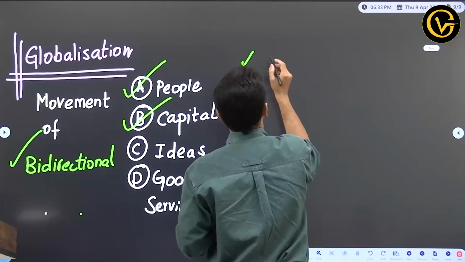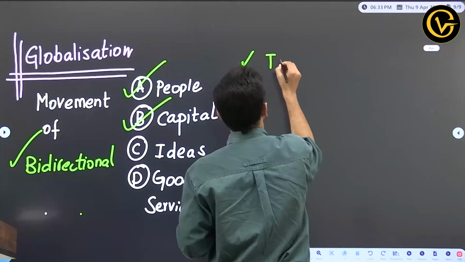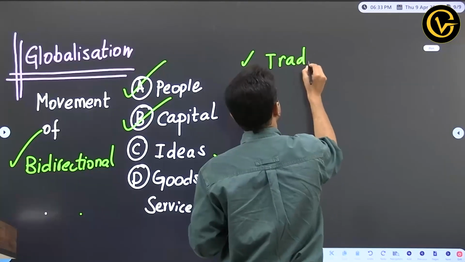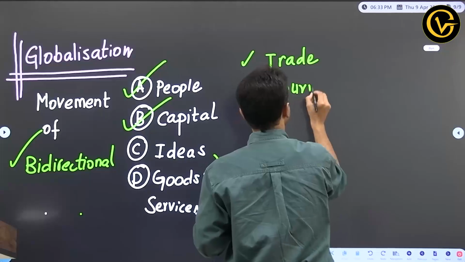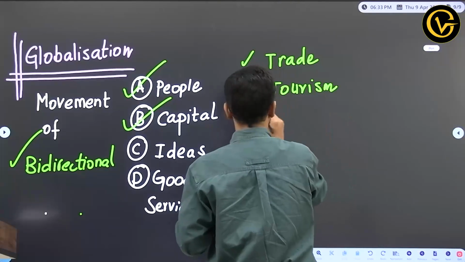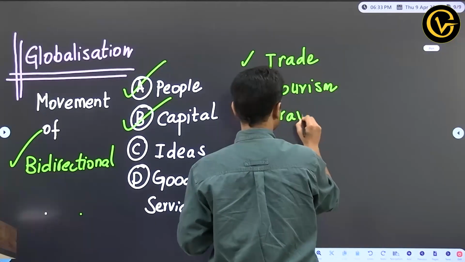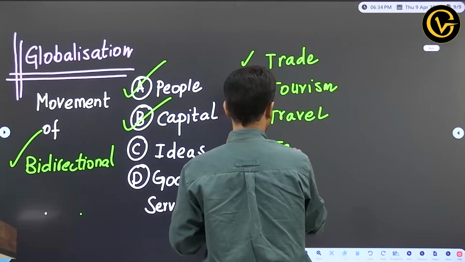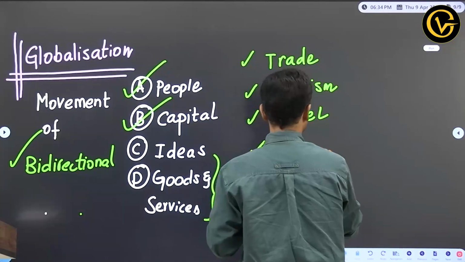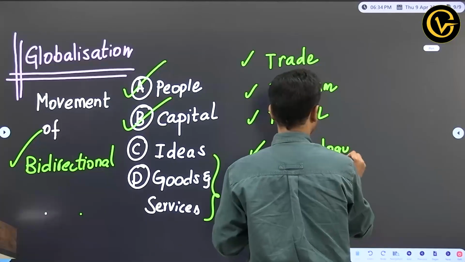Generally, globalization is favored by trade. Globalization is favored by tourism. Globalization is favored by travel, and globalization is facilitated is the most appropriate word.